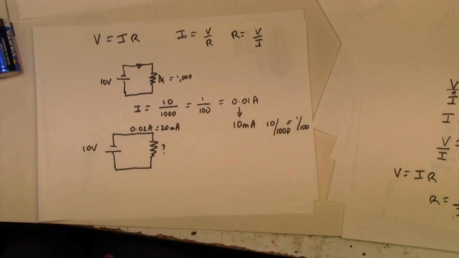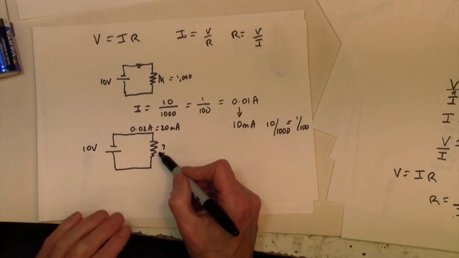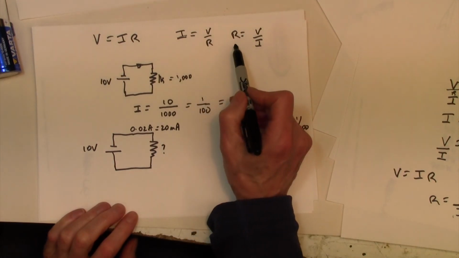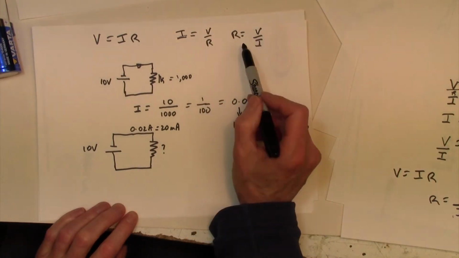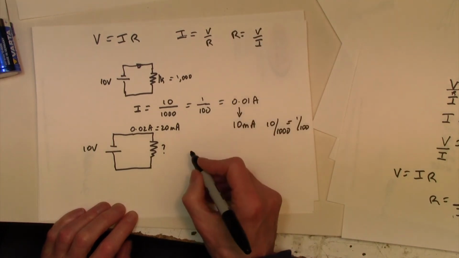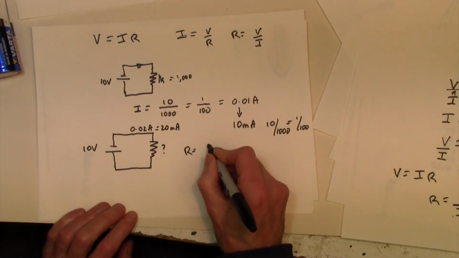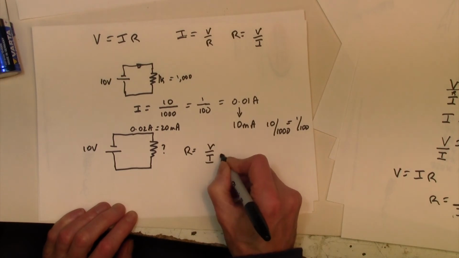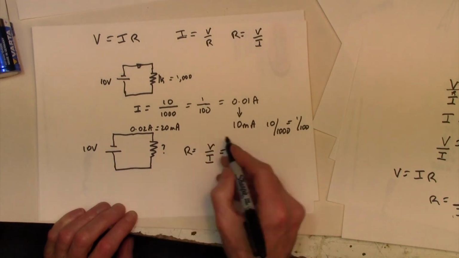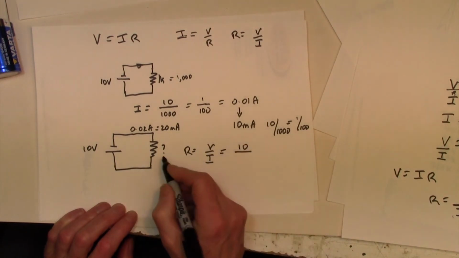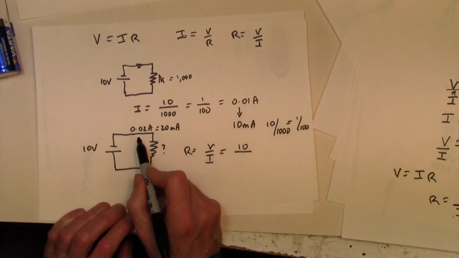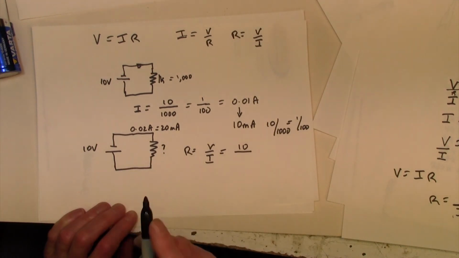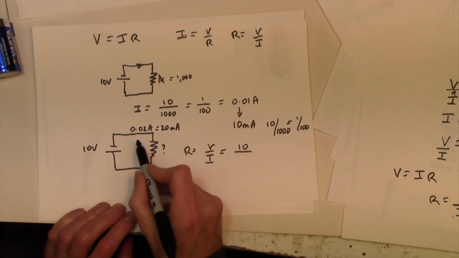What is the resistance? Well, when we say what is the resistance, we know that the unknown is R. R equals V upon I. Plug in some numbers and turn the handle. V, what's V? 10. We can do that, that's easy. What's I? Remember, it's always in amps. We don't write 20 for milliamps, it's always in amps.